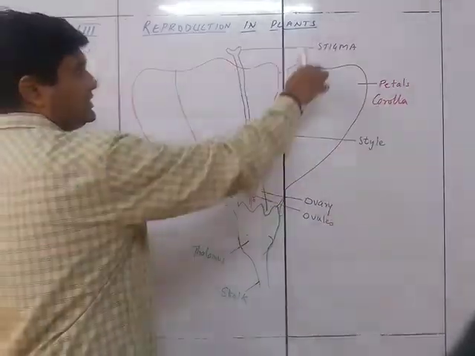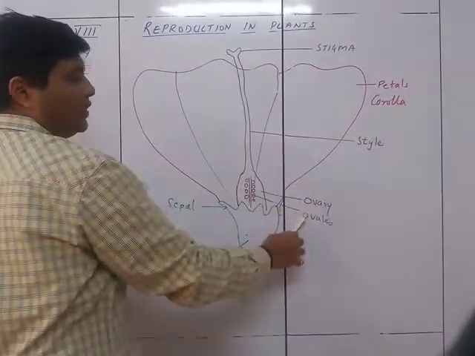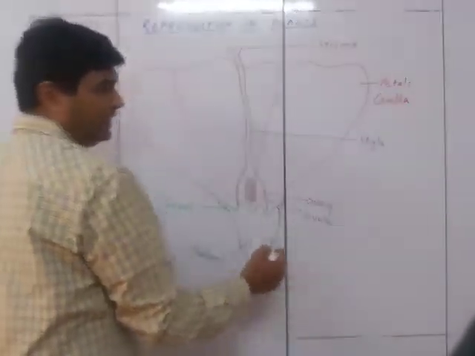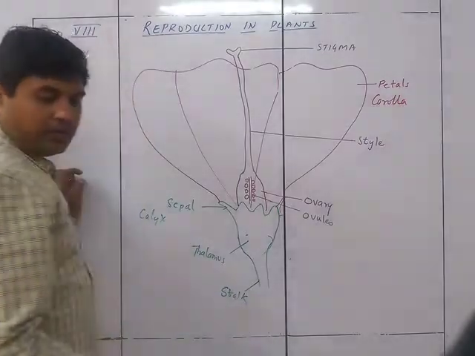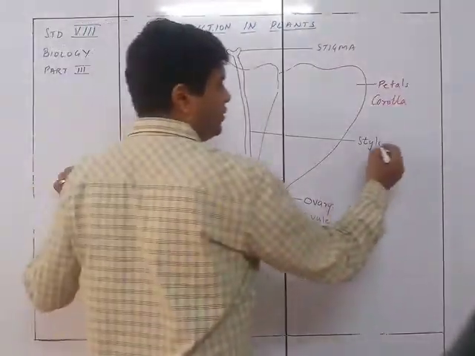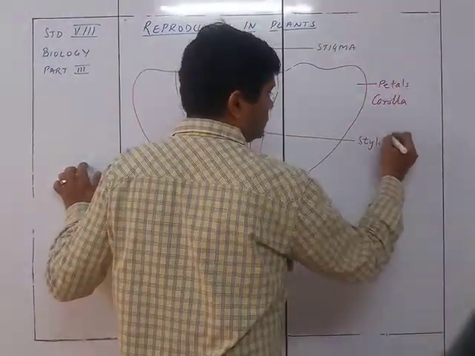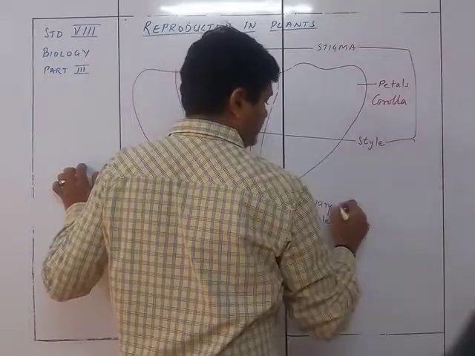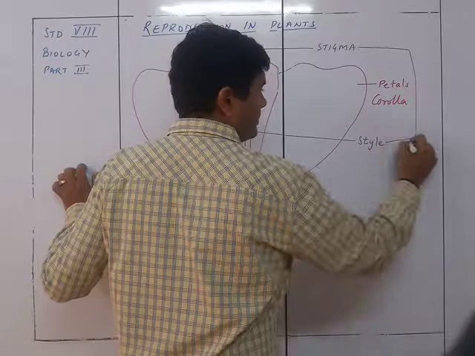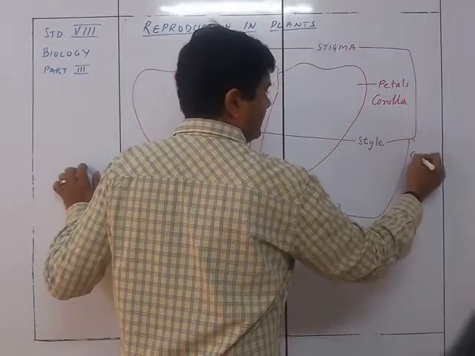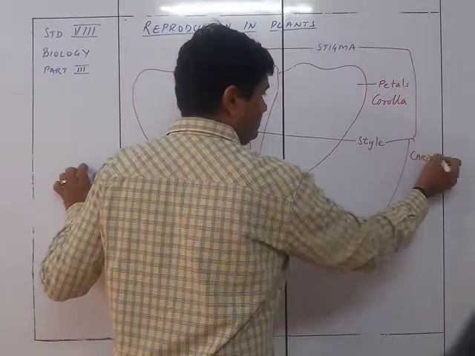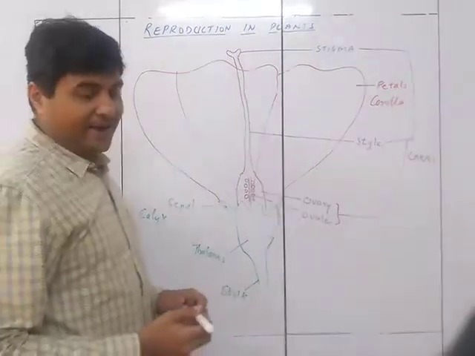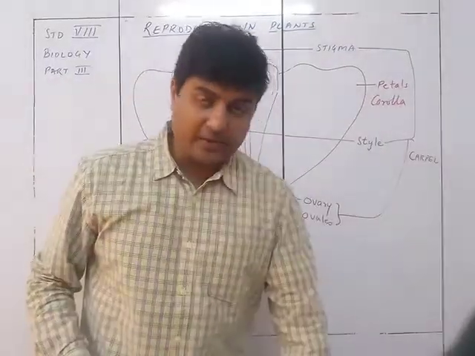So stigma, style and ovary, these three combine to give you the female reproductive part, that is the carpel. Combined, this is called the carpel, also called the gynoecium.